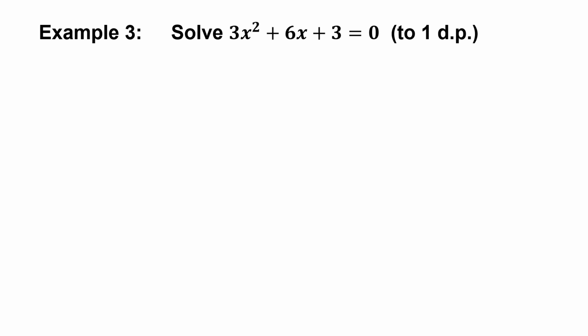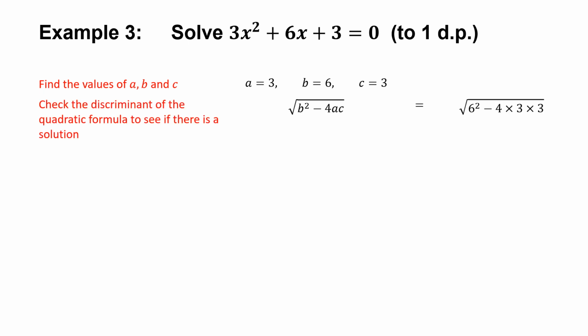So here we've got 3x squared plus 6x plus 3 equals 0. So again, we're going to write out our a, b, and c terms. So we have a equals 3, b equals 6, and c equals 3. We'll check the discriminant. In this case, we have 6 squared minus 4 times 3 times 3, which is the square root of 36 minus 36.